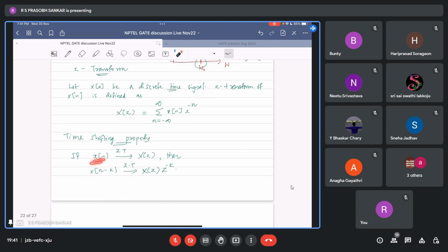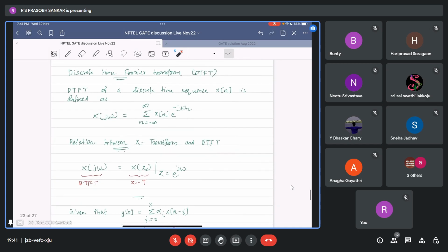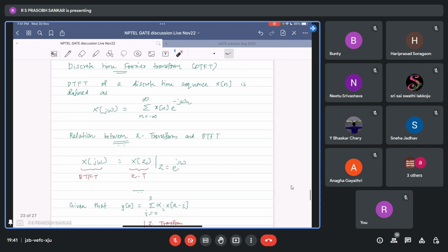Now, we also know that if x of n has Z transform X of z, then x of n minus k will have the Z transform X of z times z raised to minus k. These are like the standard properties. We will be discussing more about this in the next week's session, but these are fairly well-known properties. So how do we get the DTFT from the Z transform?